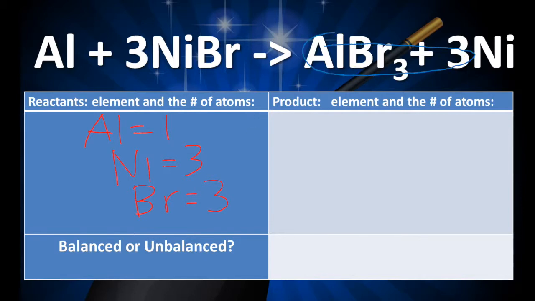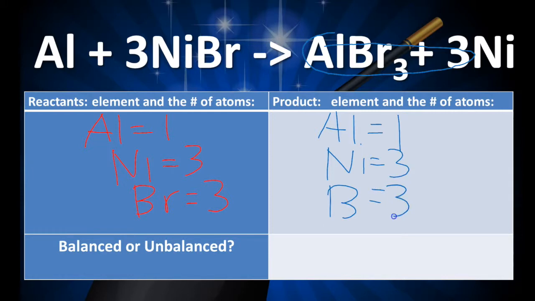And let me see over here, we have the aluminum is 1, nickel is 3, bromine is 3. And we're all happy because they are all exactly the same, which means they are balanced.